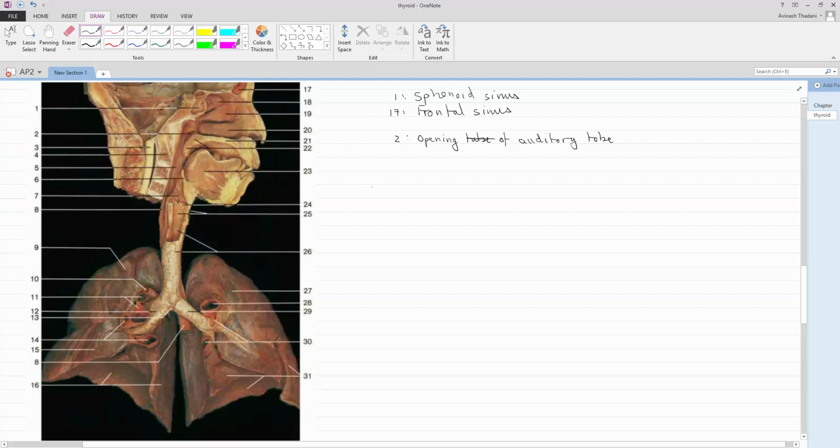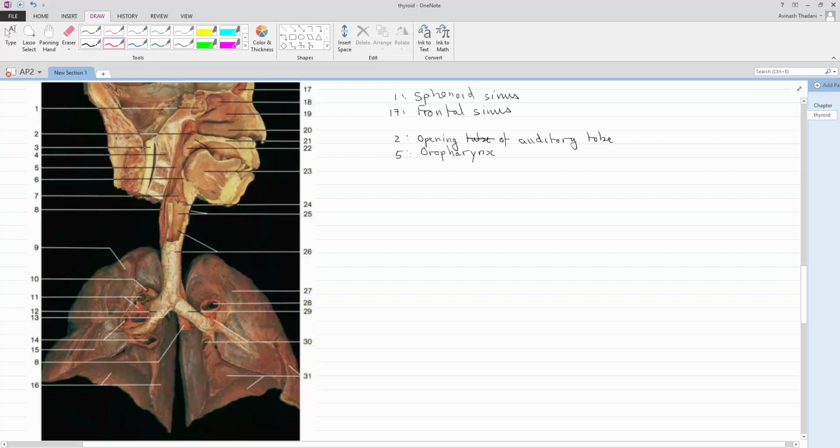Number 4 is actually one of the vertebrae. I think that's the C2, and it's the dens of the axis. 5 is the oropharynx. So the pharynx itself is divided into 3 parts. The nasopharynx, which is over here. Maybe you can label it in red.